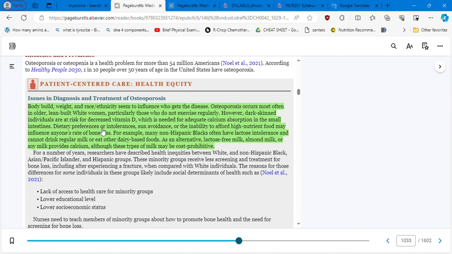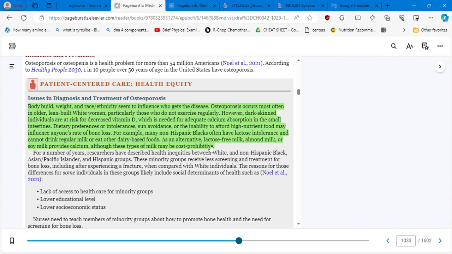Dietary preferences or intolerances, sun avoidance, or the inability to afford high nutrient food may influence anyone's rate of bone loss. For example, many non-Hispanic Black people often have lactose intolerance and cannot drink regular milk or eat other dairy-based food.